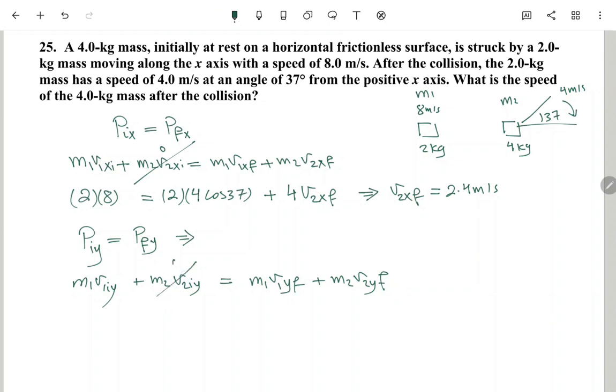Now again, this one is equal to 0, no y component for the second object, and no y component for the first object. So 0 equal to m1, which is 2 times 4 sine 37, the y component for this one, plus 4 v2 y final, and from this one here, v2 y final equal to minus 1.2 meter per second.